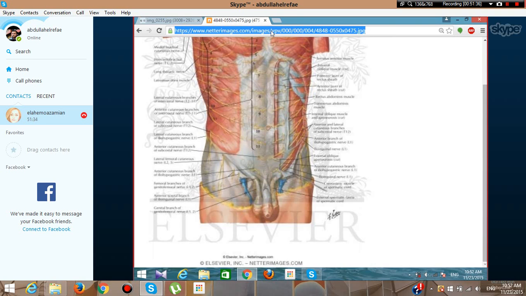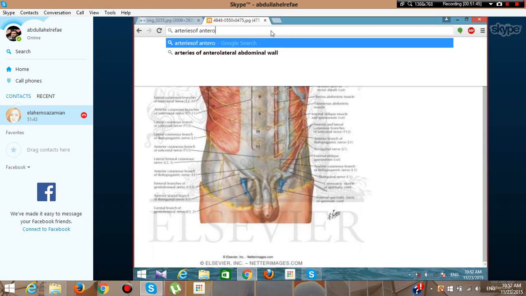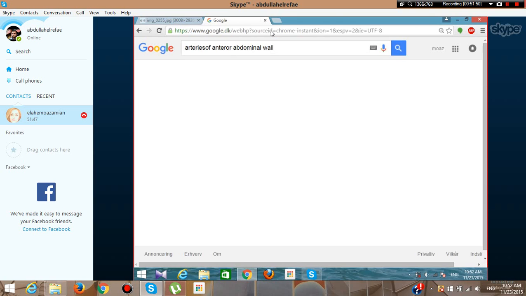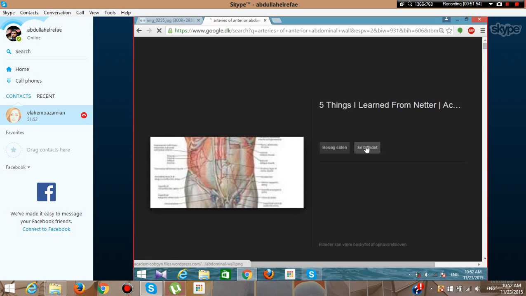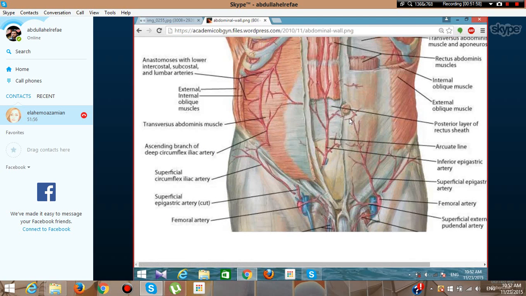What are the arteries of the anterior abdominal wall? Superior internal thoracic, superior epigastric. What did you say? Superior and inferior phrenic. Epigastric, sorry.